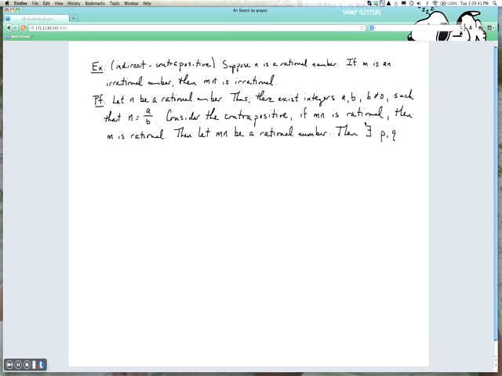Then there exist integers p and q, q not equal to 0, such that mn equals p over q.